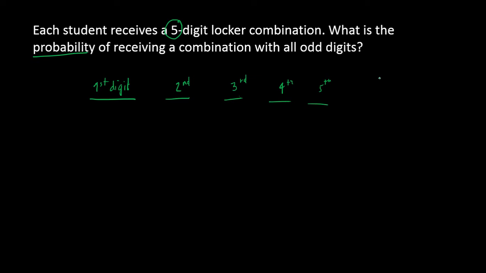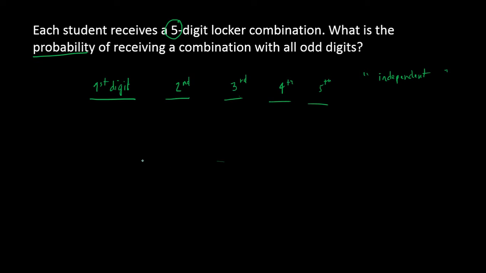Notice that these are all independent of one another. By independent, I mean that whether or not the first digit is odd doesn't make it more or less likely that the second is odd. Whether the second is odd doesn't make it more or less likely that the third is odd, and so on and so forth. So the outcomes of any one of these doesn't affect the outcomes of the others.